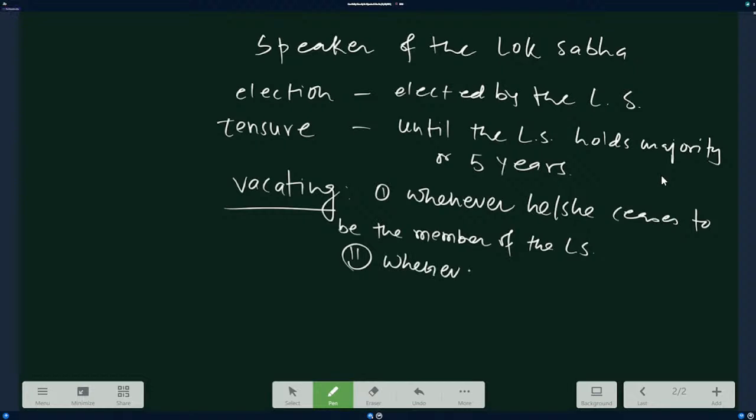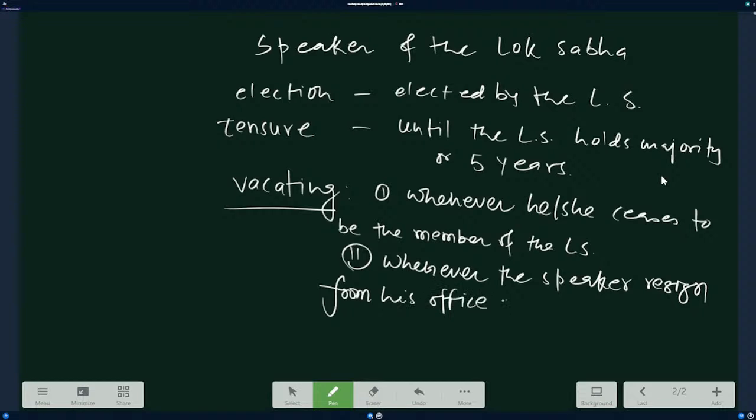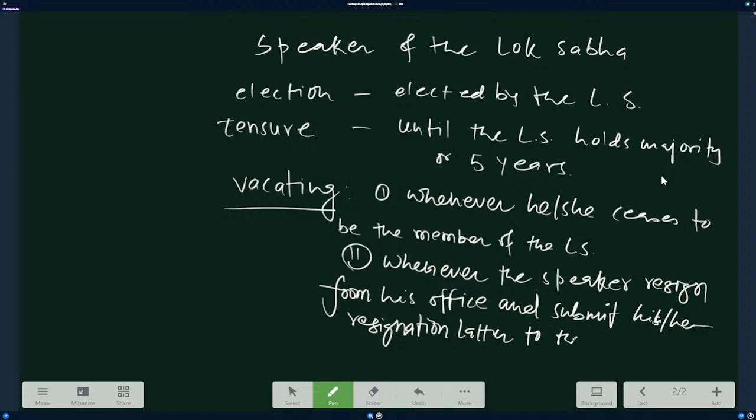Whenever the speaker resigns from his office and submits his resignation letter, to whom does he give it? To the deputy.